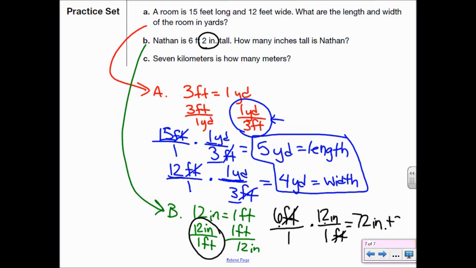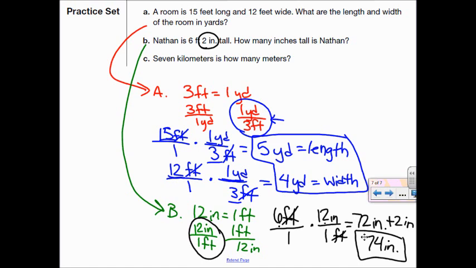So I have to add on 2 inches. So that gives me 74 inches total. I know that's reasonable. I'm 5'10", and I know I'm 70 inches. So 6 feet 2 is 4 inches taller than me, so 74.